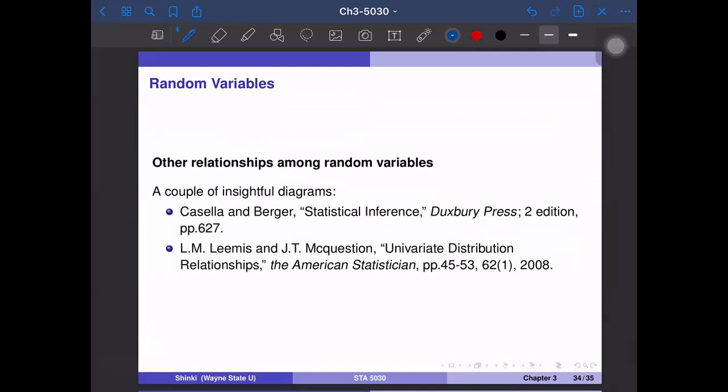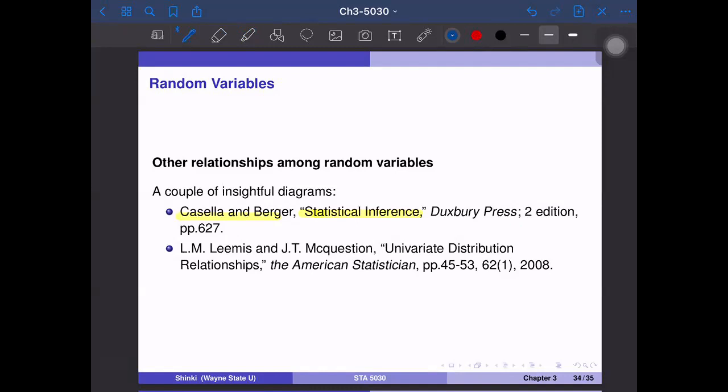One famous one is in the Casella and Berger book, Statistical Inference. This is a very classic book used in many places. Stat 5800 uses this textbook, or maybe not, Stat 5800 is using a slightly easier textbook, but this textbook is used in many statistics departments, even in PhD programs.